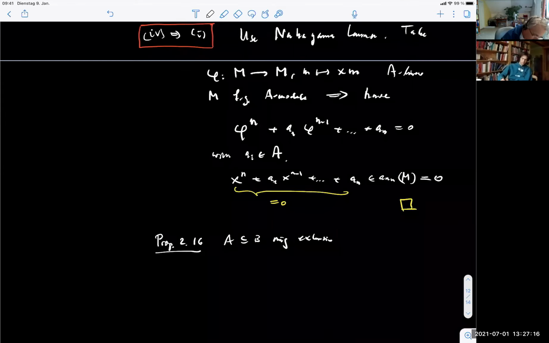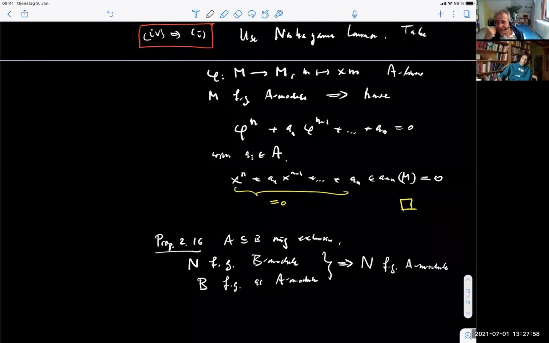Then I have N, a finitely generated B module, and the ring B is finitely generated as A module. So B is a ring, but it contains A as a subring, so I can view it as an A module, and I assume it's finitely generated. Then, if I have this, the conclusion is N is finitely generated as A module.